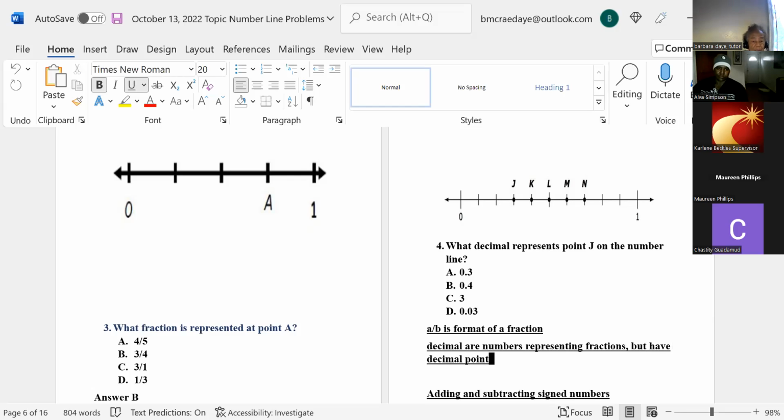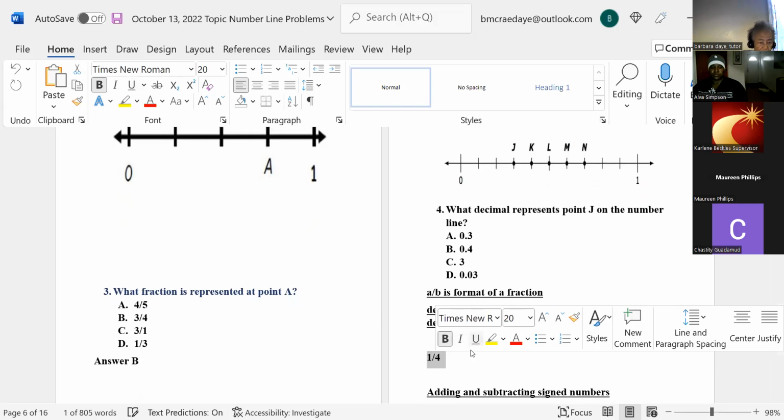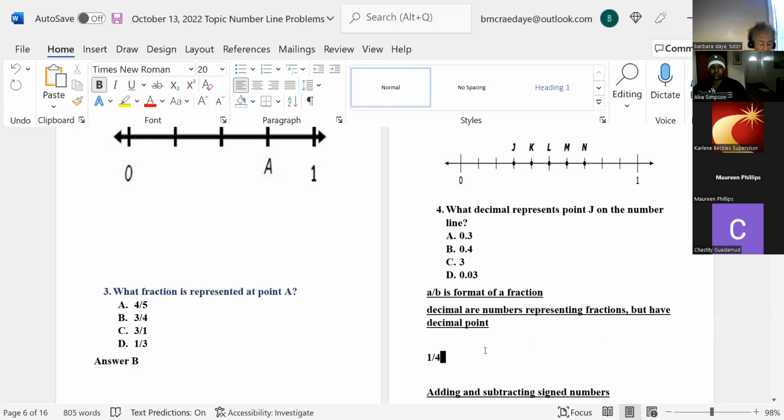Okay, so if I gave you 1/4, that's a fraction. What is that equal to as a decimal, Maureen? 0.4? 0.04? No, a quarter. Oh, 1/4 of a dollar.